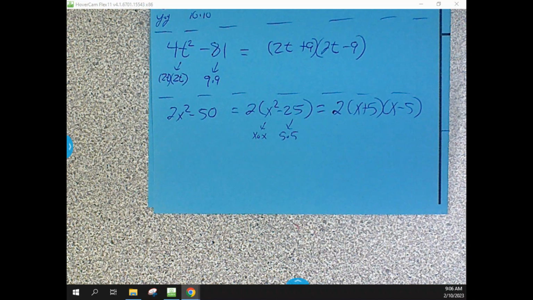So the worst thing they might have you do is that, where before you can get to the perfect square part, you've got to take out a greatest common factor.